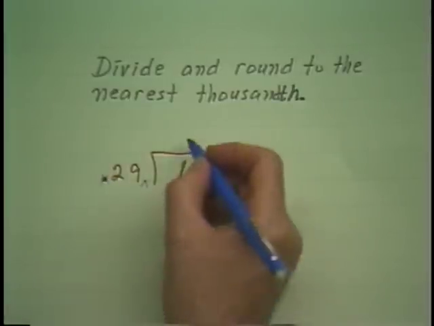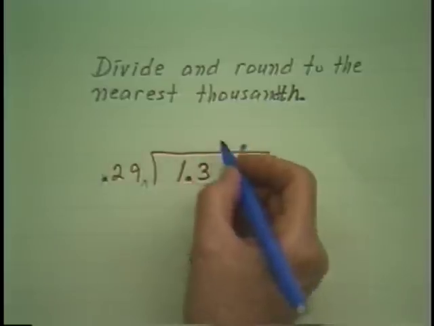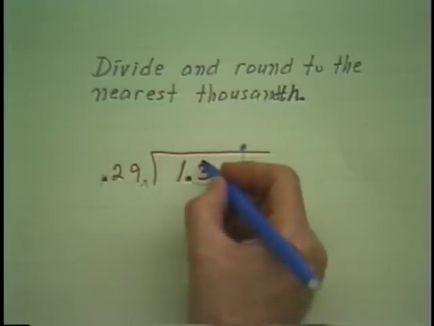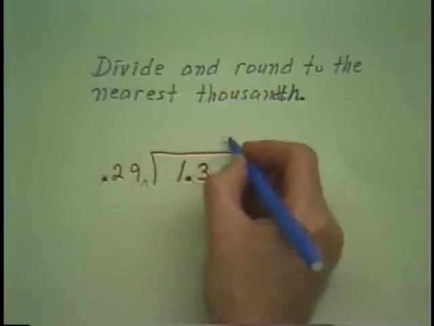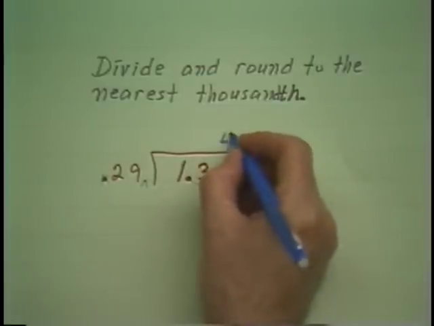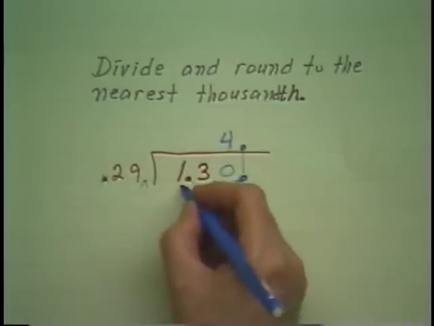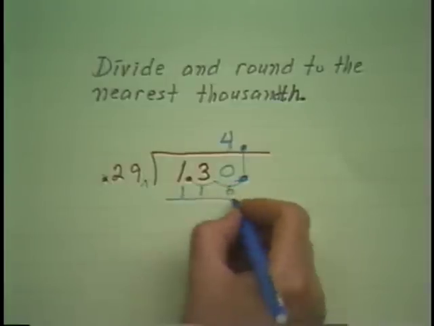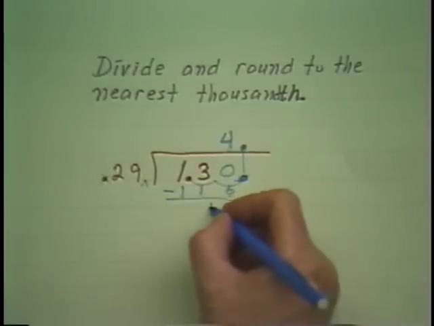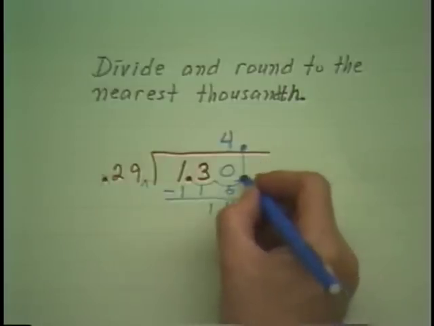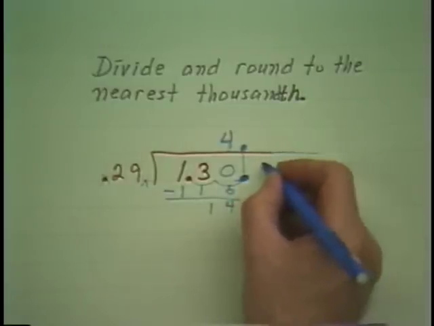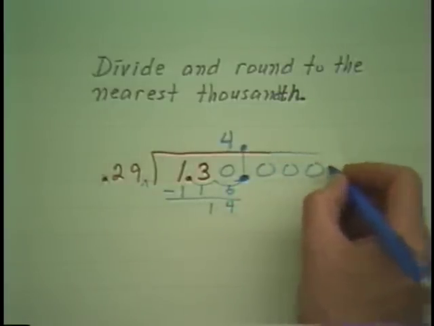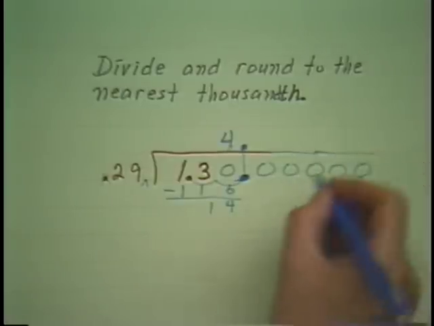And we would get 0 here, which I don't write, 0 here, which I don't write, and 4 here. Multiplying, we get 116. Subtract, we get 14. Now behind the decimal point, we can tack on as many zeros as we wish.